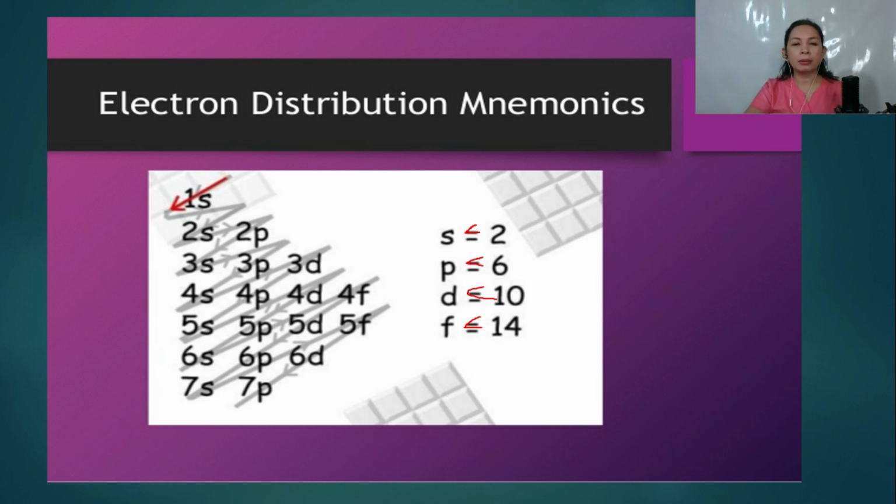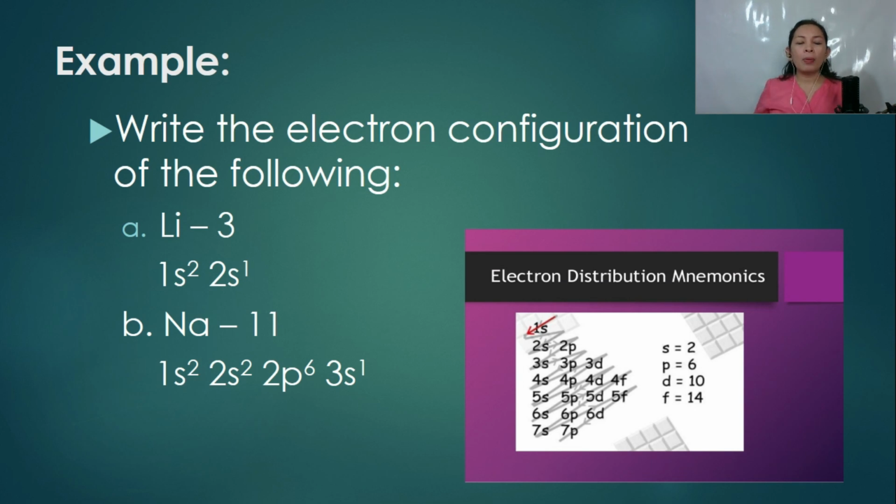Very good. Next, we have an example of how to write the electron configuration following the electron distribution mnemonics. Letter A, we have lithium having 3 electrons. How do we write the electron configuration?